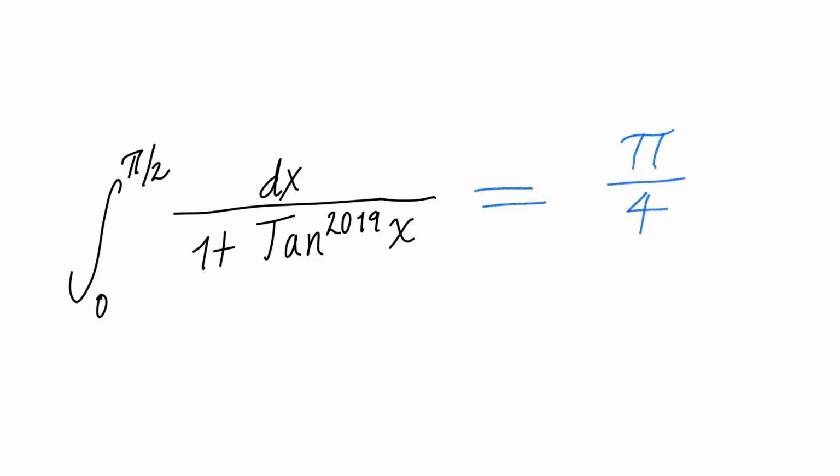It implies that the integral from 0 to pi divided by 2 of dx divided by 1 plus tangent of x to the 2019 is equal to pi divided by 4. So the natural question is, why does it depend on 2019? Or can we put anything here and the result will be the same, or will it change?